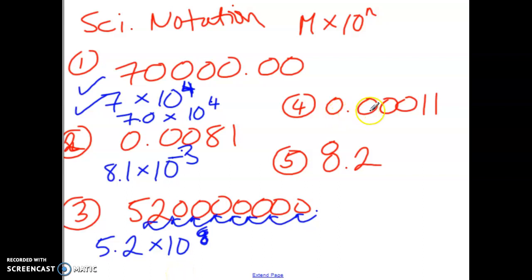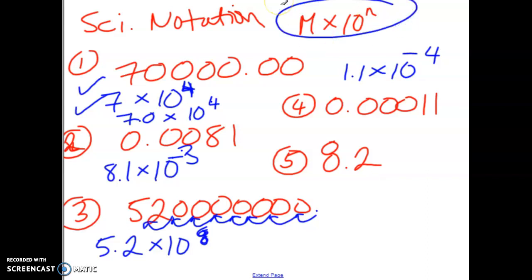Here we have 0.00011. So this becomes 1.1 times 10 to the 1, 2, 3, 4. This should be a negative 4 in that case. And number 5 might have been a little bit tricky because it's already a number between 1 and 10. But if you're asked to put something into scientific notation format, you still have to follow the proper format.